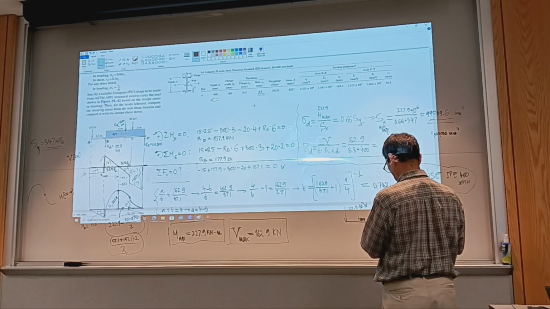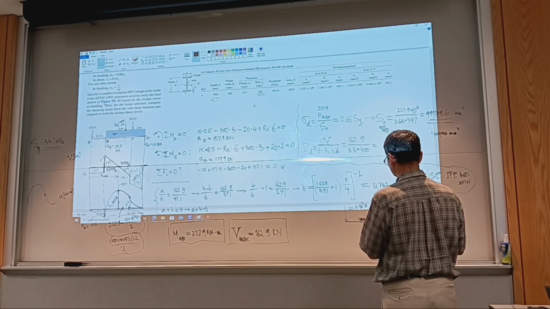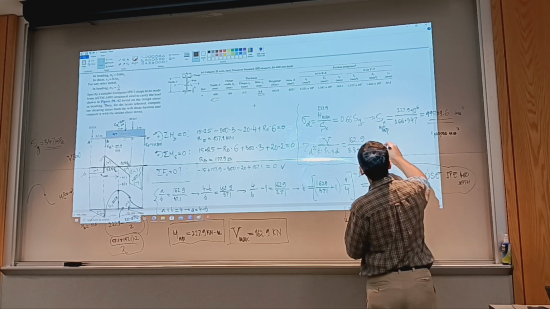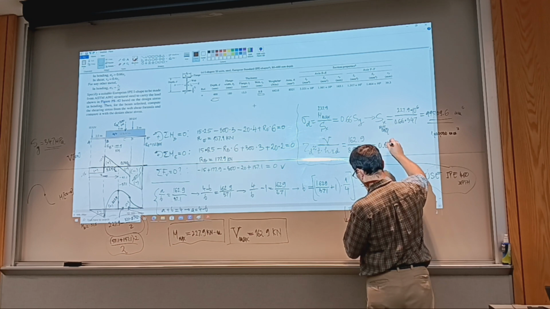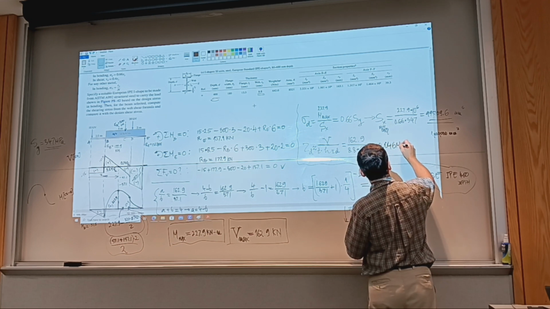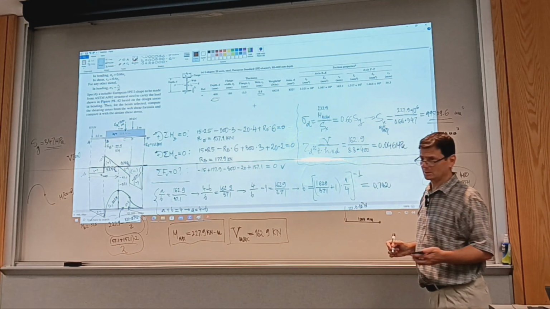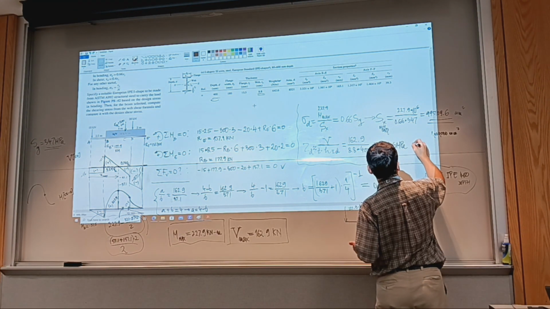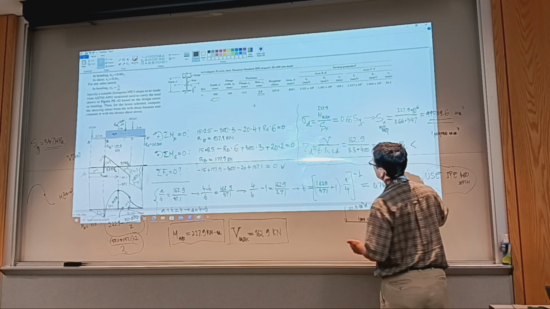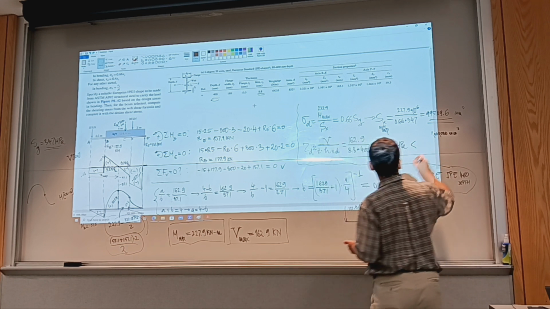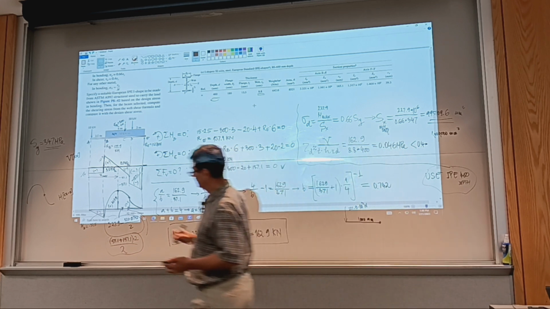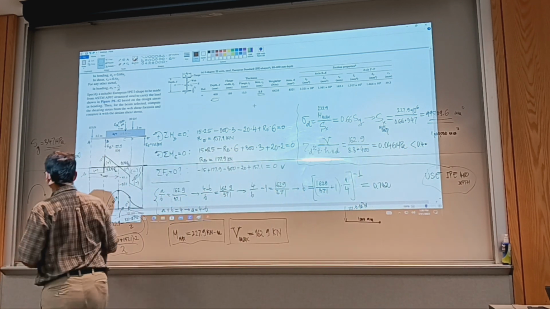X1, 162.9 over 8.8 over 400. Okay, so I have 0.46 megapascals. This is a tiny stress, as you can see, and this is less than 0.4 multiplied by 347.